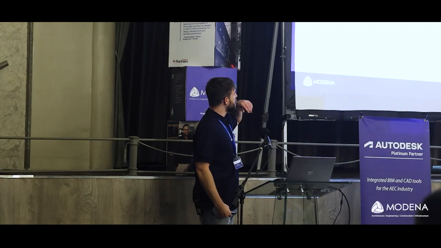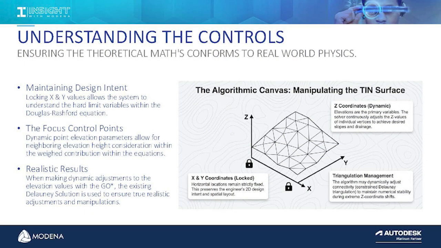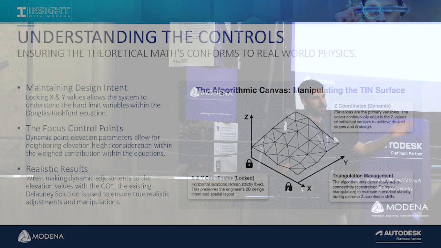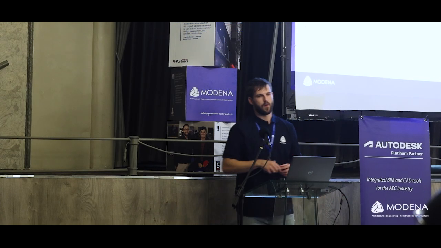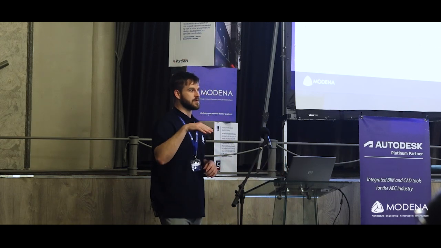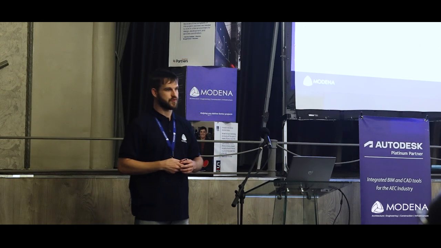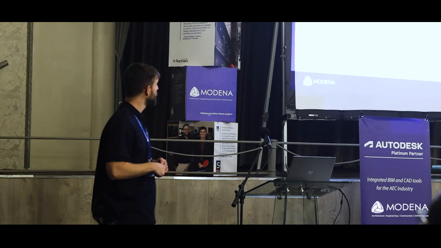And now we just need to start understanding how these XY controls work within the grading optimizer as well. But how does the application actually take those Z values and apply our design inputs to these with regards to our maximum and minimum slopes, our drainage points, whether that be around the pond, through a channel, over a weir, and then finally into the pond, or if we're even doing an underground storage element, we can control those elements and see those from there.